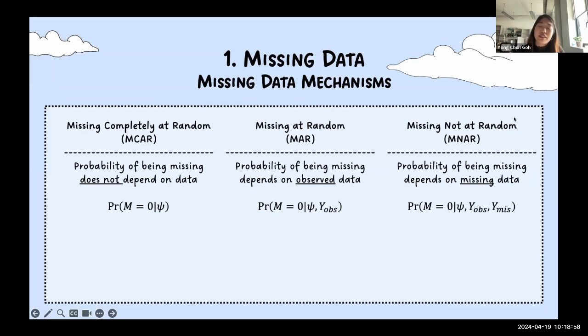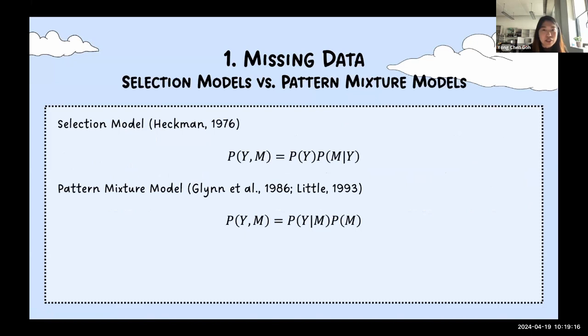When the assumption is that data is missing not at random, it is important that we take into account the fact that it's missing. So we have to jointly model the missingness and the data itself. There are two ways to do that.